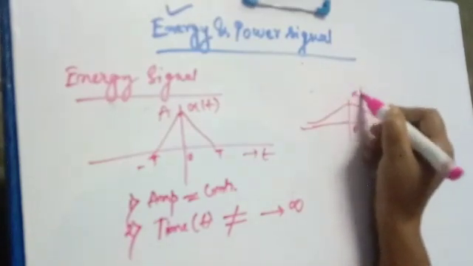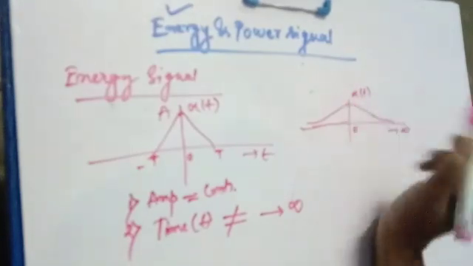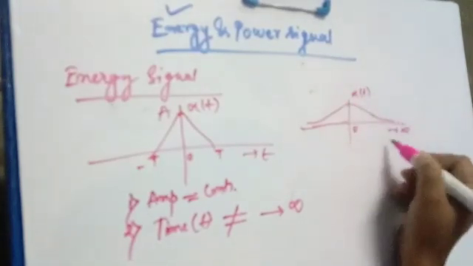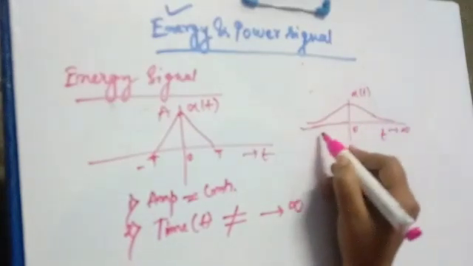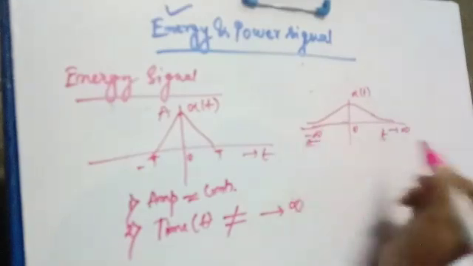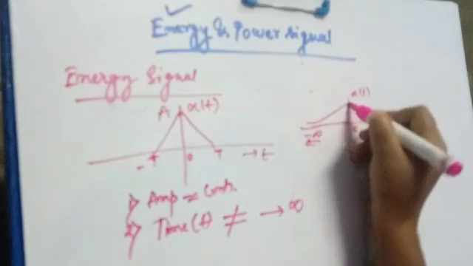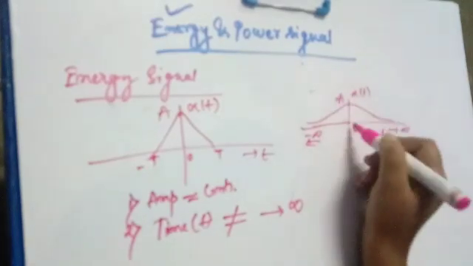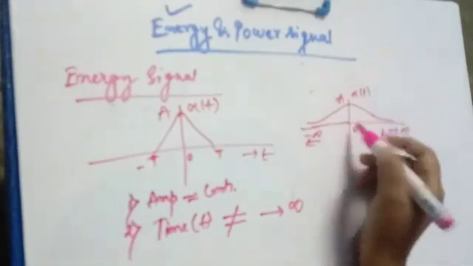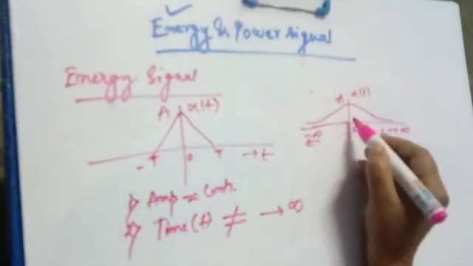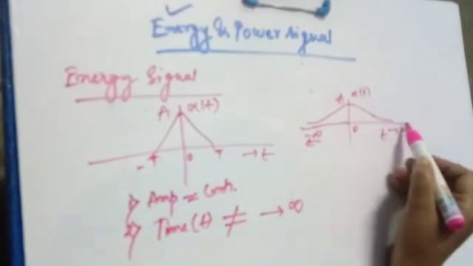As you can see, it is a signal itself. The y axis is represented by the signal itself and the x axis is represented by t, where t tends to infinity, from minus infinity up to plus infinity. And the signal has a constant value, suppose it is A, and the time of existence of the signal tends to infinity. That means from the positive side, the signal exists up to minus infinity time.